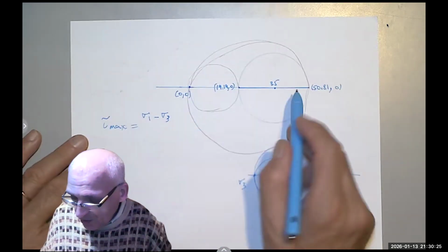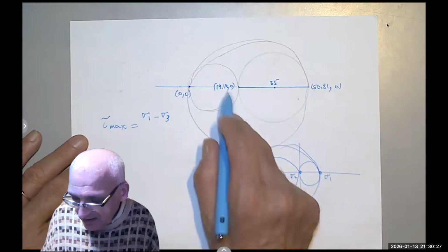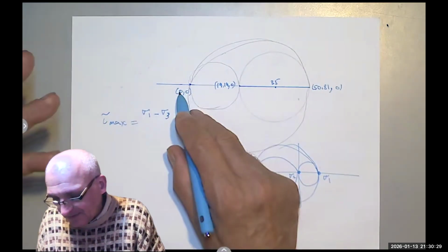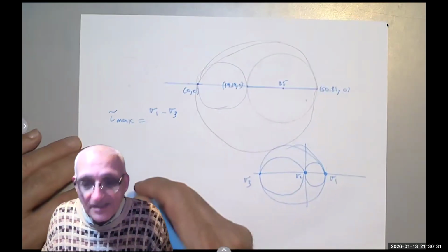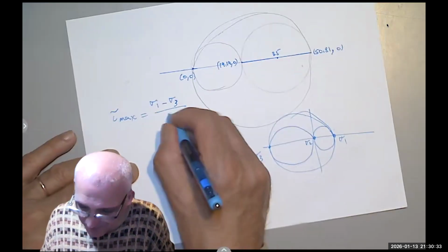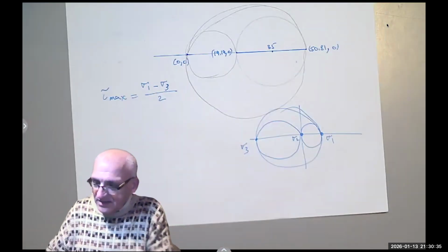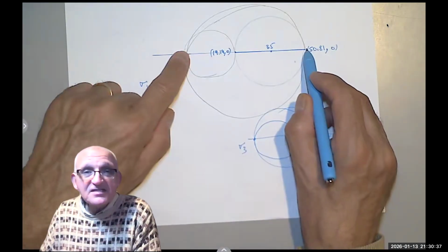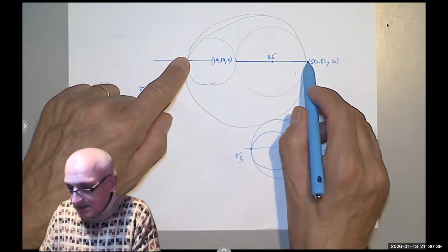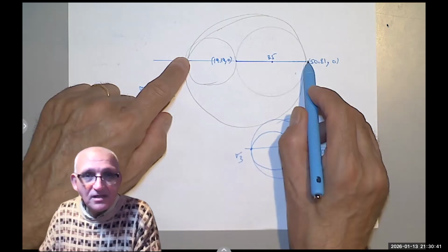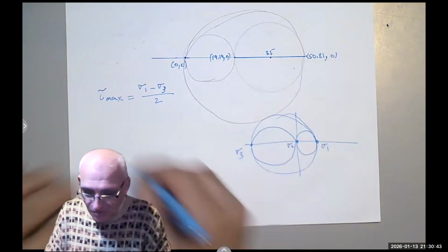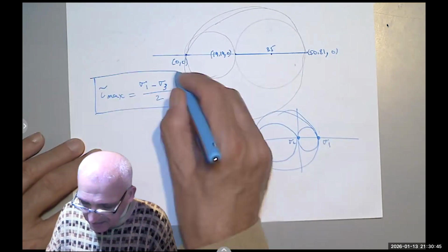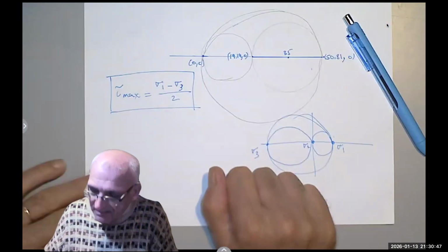I may have all 3 values, so that might be 5, for example, over 2. Why? Because sigma 1 minus sigma 3 gives you the diameter of the big circle. So you divide by 2, and that would always be the maximum.